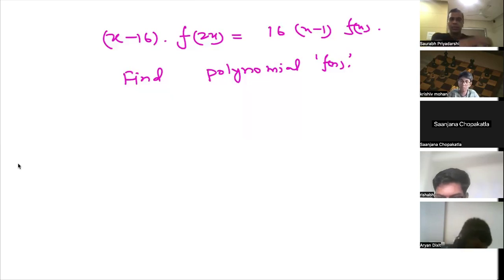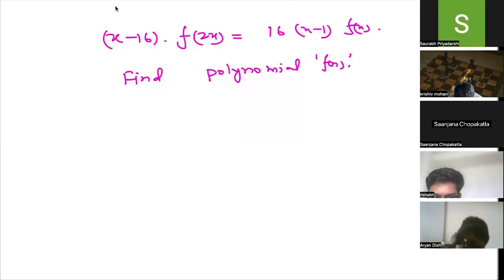Very good, Rishabh. Now you have the degree. Now you have to think exactly where you are getting something, something like where it could be 0. At what point will it be 0, right?